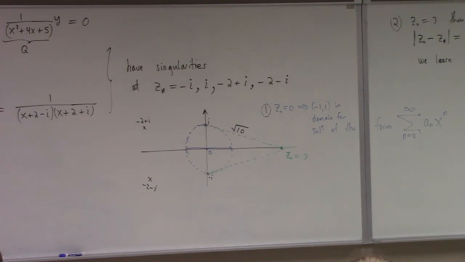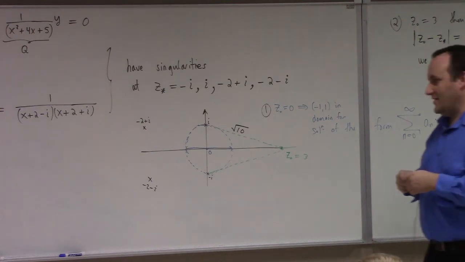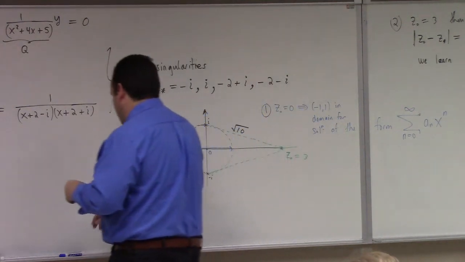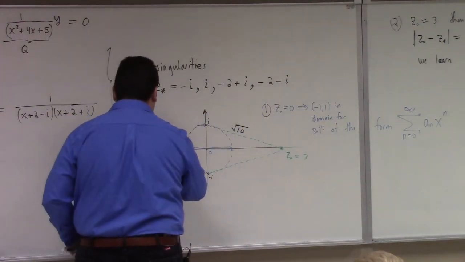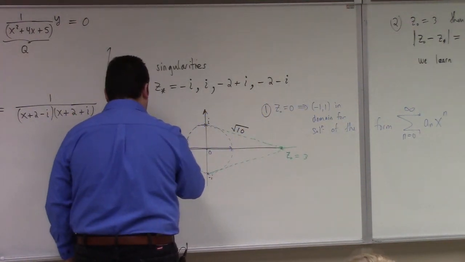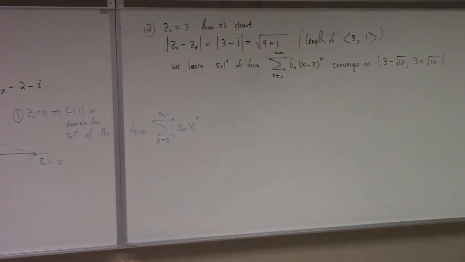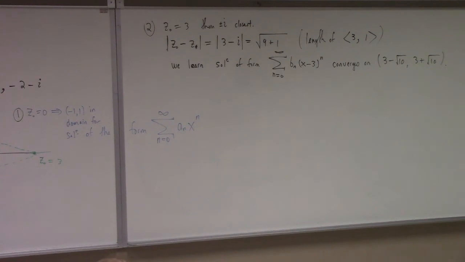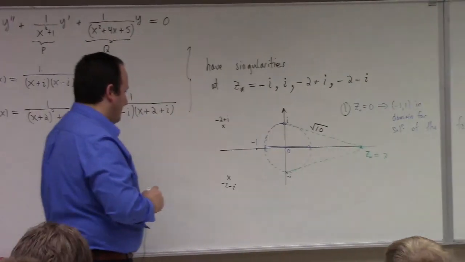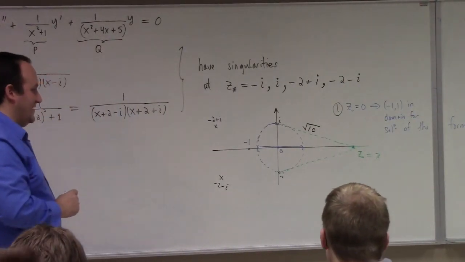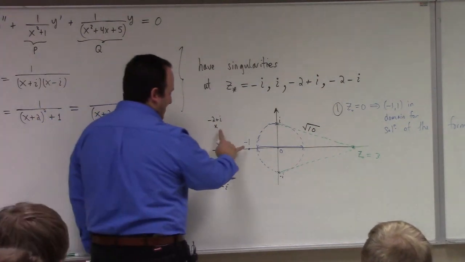Where it gets more fun, of course, is if you pick a point where you're not sure which one you're closer to. If I pick, for example, minus 1, that one's obviously the same distance from here to here.